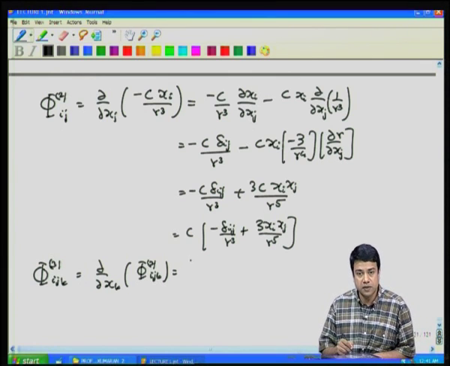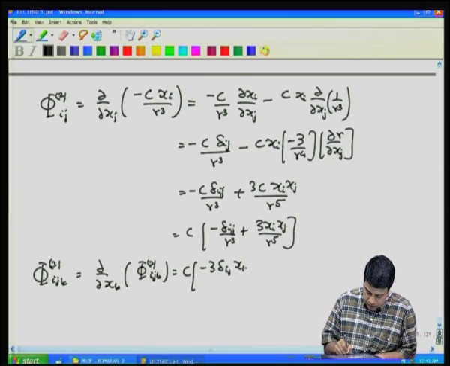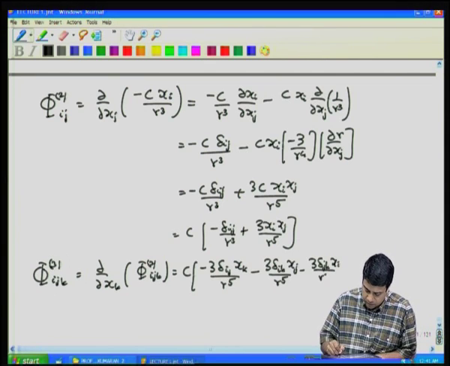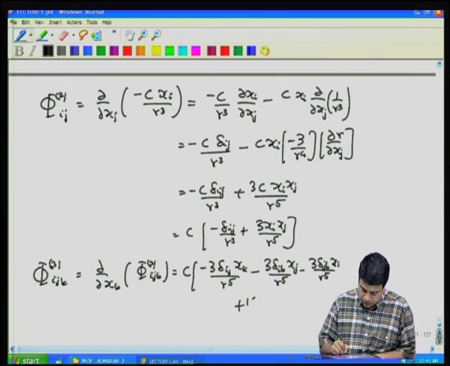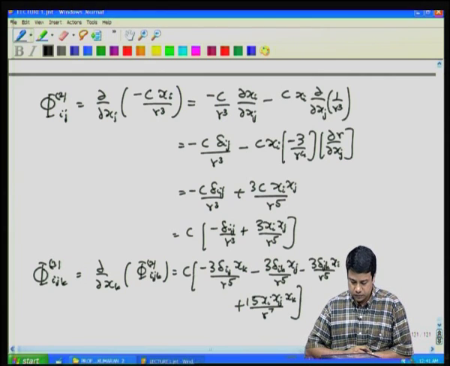And if you do the same procedure, expand out by chain rule, you will get c into minus 3 delta_ij x_k by r power 5 minus 3 delta_ik x_j by r power 5, plus 15 x_i x_j x_k by r power 7. Okay, so, that is the next higher solution. This is a third order tensor, 27 components, 3 power 3 and so on. You can get the next higher and the next higher and so on.